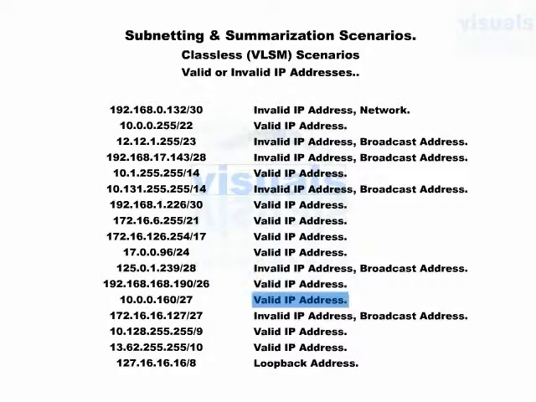How is it valid? Let's analyze now. The prefix length is telling me that it belongs to class C subnetting /27. From 25 to 27 it is 3 bits: 128, 192, 224. 224 gives the block size of 32. So apply 32 till we get 160, 128.